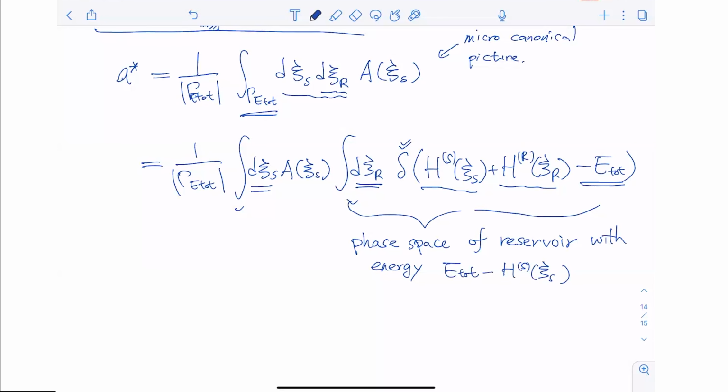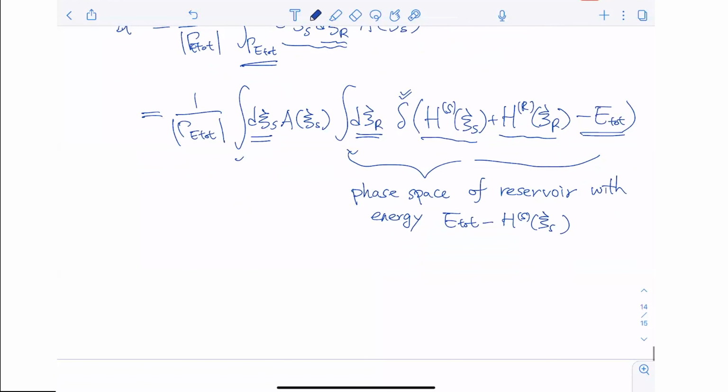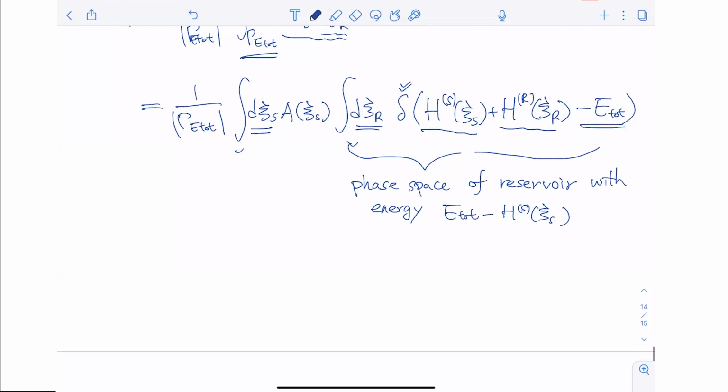So why is this interpretation important? Because if we have this interpretation, then we can use our Boltzmann conjecture, or Boltzmann's postulate, again, that this phase space is actually this expression.